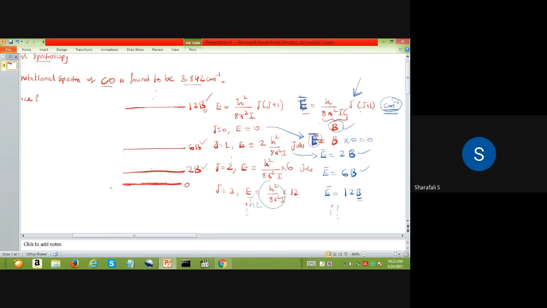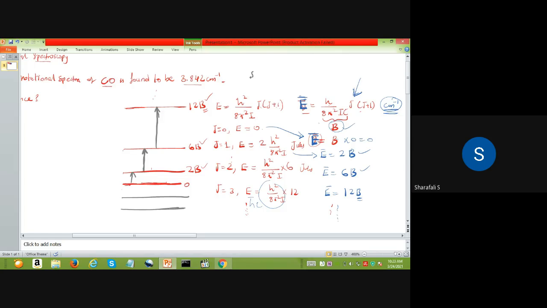And then if you consider the transitions, you can have a transition from 0 to 2B, then from 2B to 6B, which is also possible. Then we have a transition from 6B to 12B. So what is the selection rule for this transition in rotational spectra?